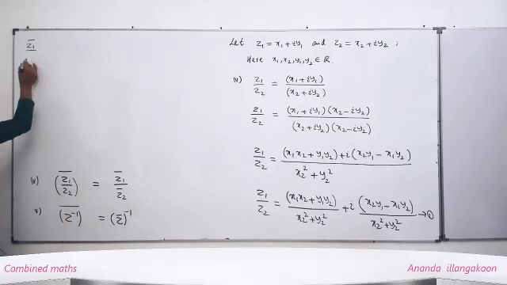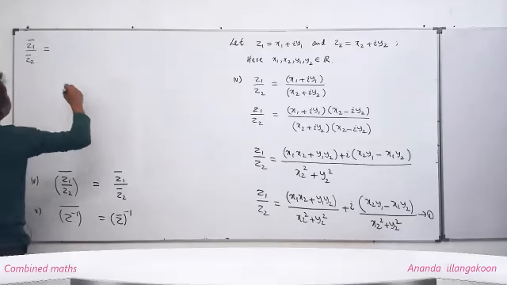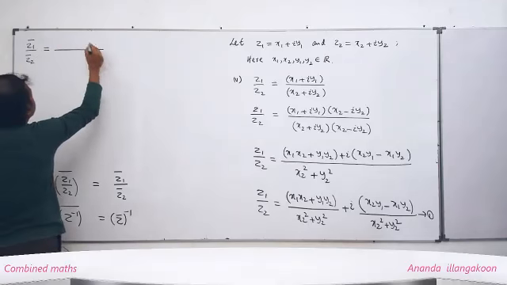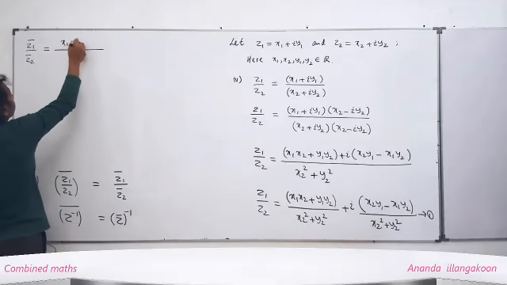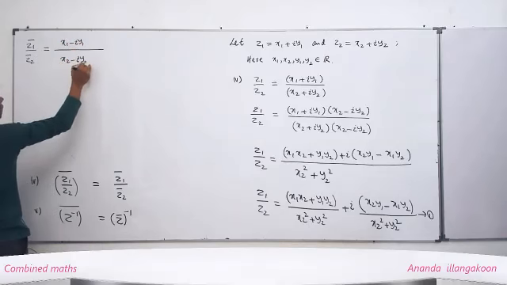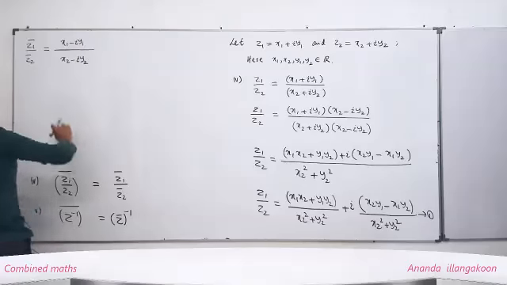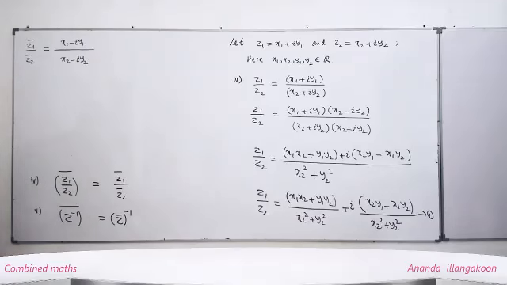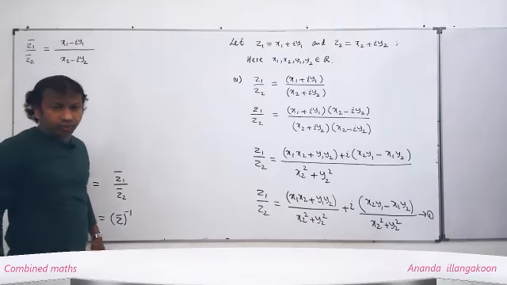This is the Z1 conjugate divided by Z2 conjugate. Right. Then we have to simplify.